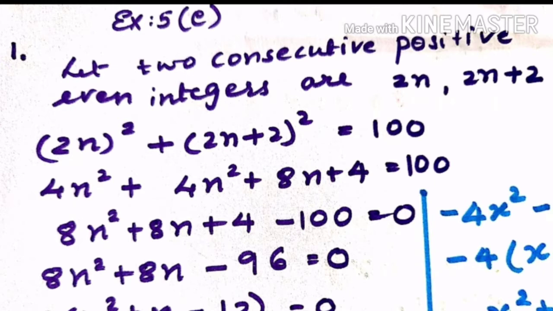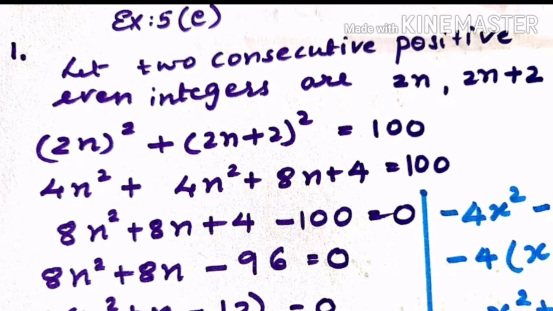Now it is written that the sum of the squares of these consecutive positive even integers. Sum means addition, and squares of them means (2n) square plus (2n plus 2) whole square is equal to 100. Now we are squaring it: 4n square plus, (2n plus 2) whole square is an (a plus b) whole square type of identity.